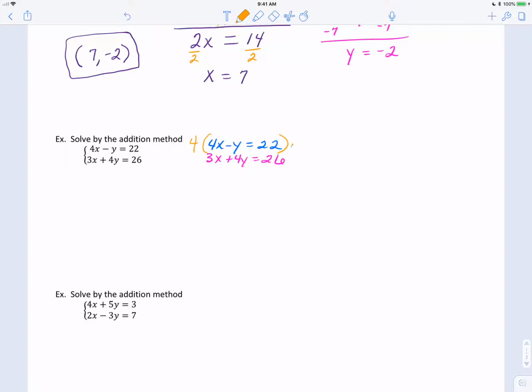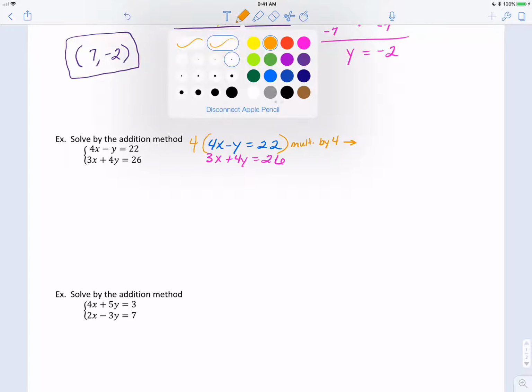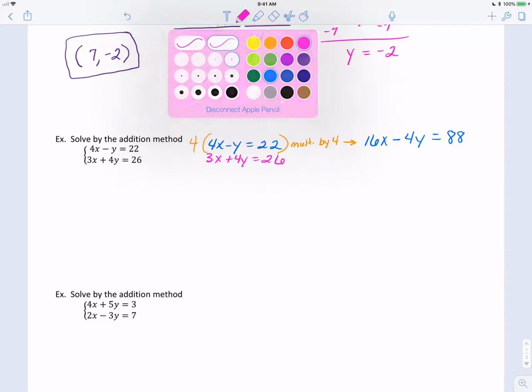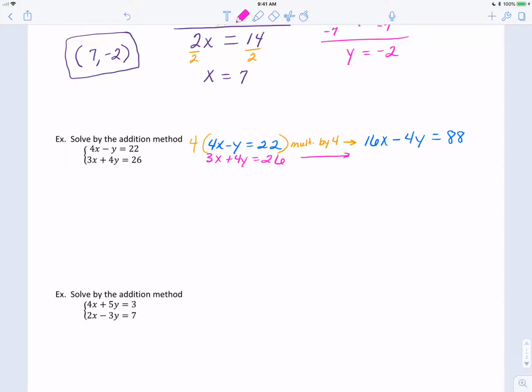So I'm going to take the first equation and multiply every term by 4 and create a new equation. 4 times the 4x is 16x. 4 times the y gives me 4y. And 4 times 22 is 88. Just remember, I have to do it to every single term so that I'm not changing that equation.